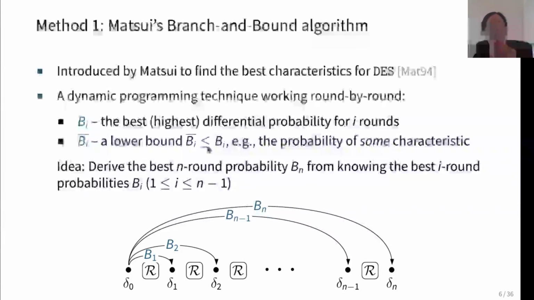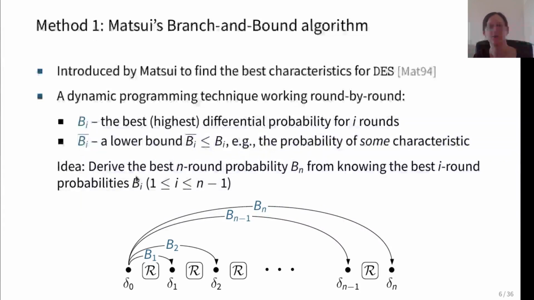An example for what we could use here is the probability of some characteristic that we found. Now the characteristic is not necessarily the best one, but it does have a probability that is at most as good as the best one. And notice that we are just looking for the numbers here. We are not yet looking for the actual characteristics. These will be constructed along the way and we will know them at the end.